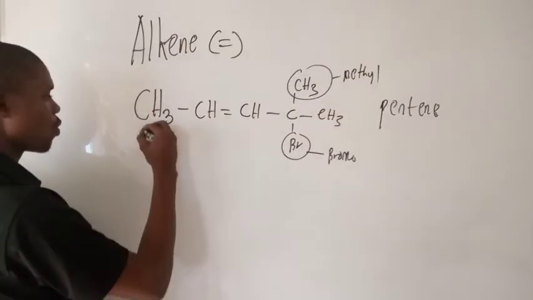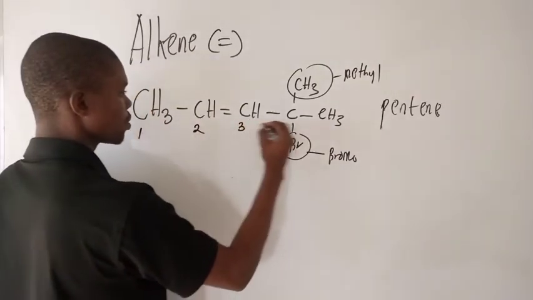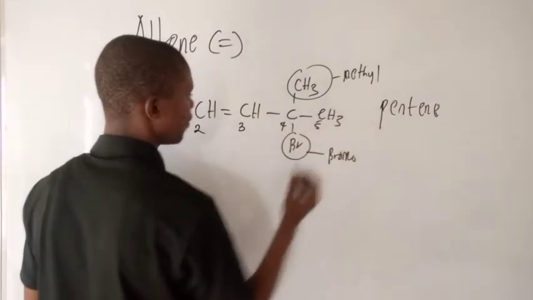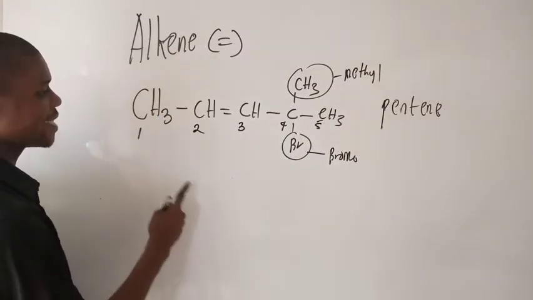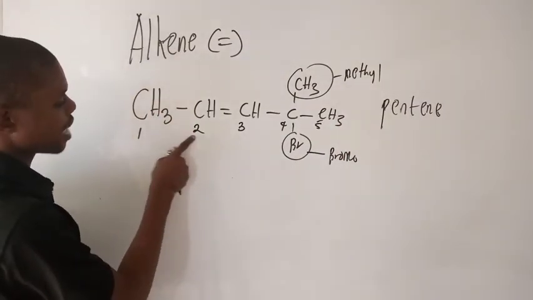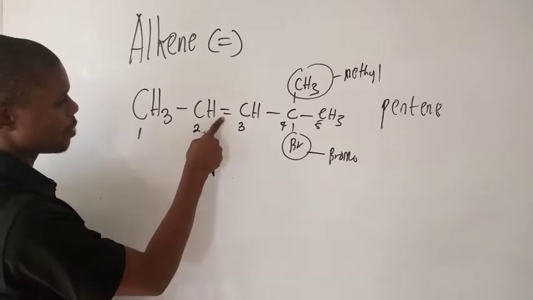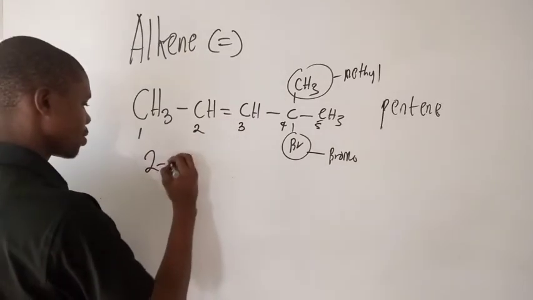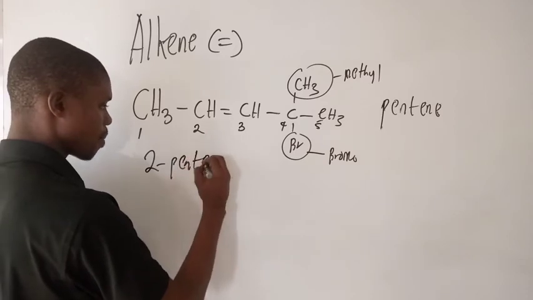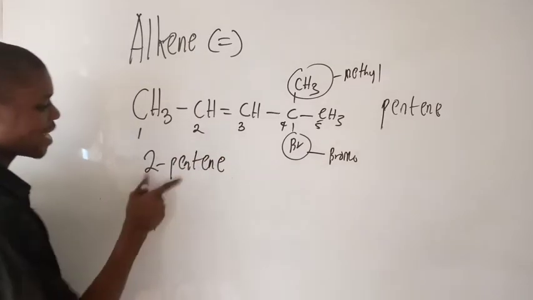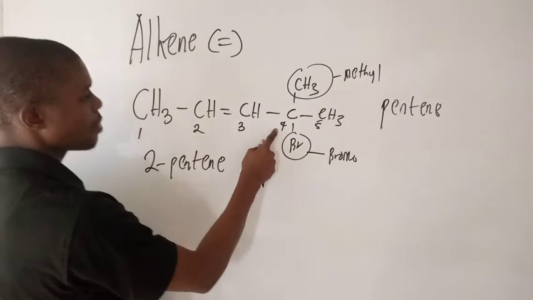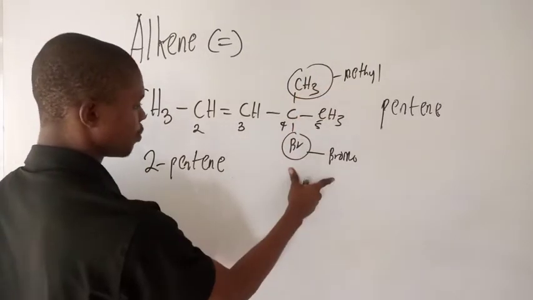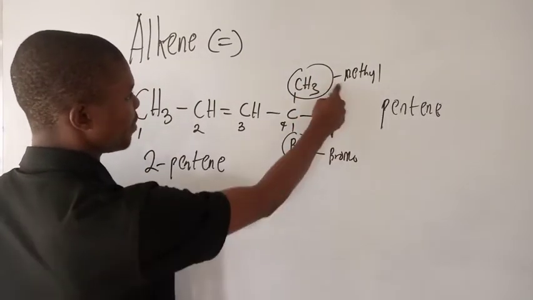So here it's going to be 1, 2, 3, 4, 5. The parent chain now, where the carbon with the double bond is carbon number 2, is 2-pentene. So this is the parent name. Now for the methyl and the bromo, B comes before M in alphabetical order.